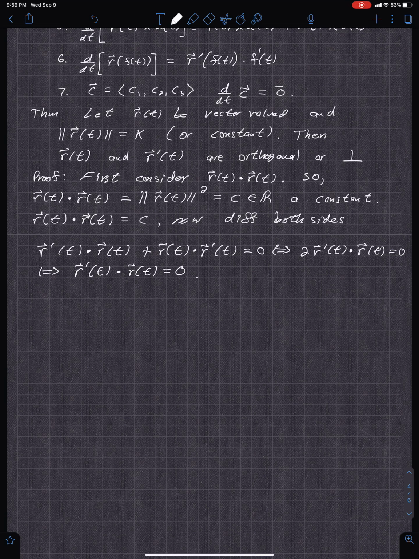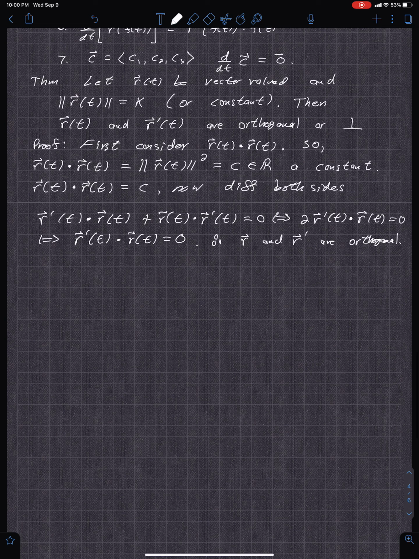And by definition, therefore, r and r prime are orthogonal. We're going to use that. That's going to be an important idea we will see in a bit, and what the geometry looks like of r and r prime when you have certain conditions. We'll be defining a few things.